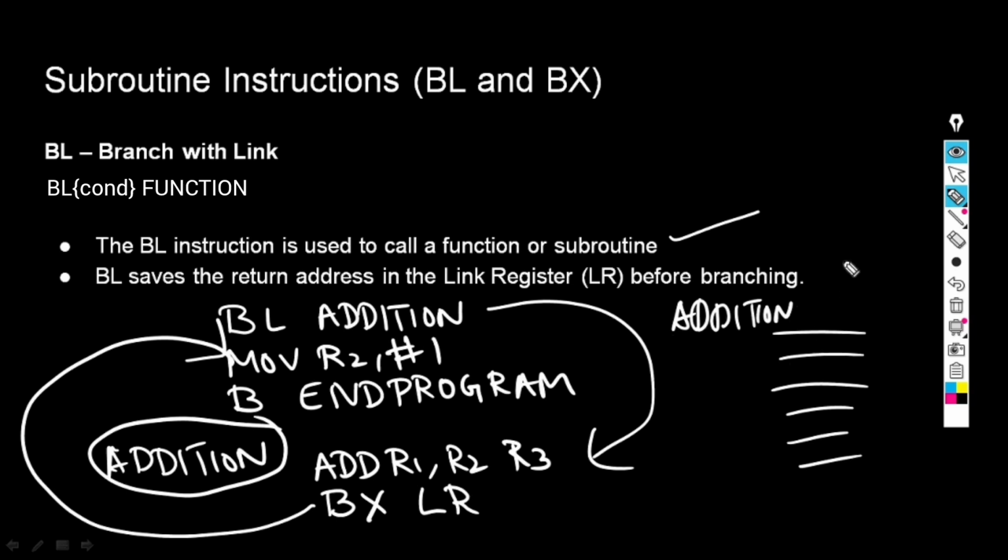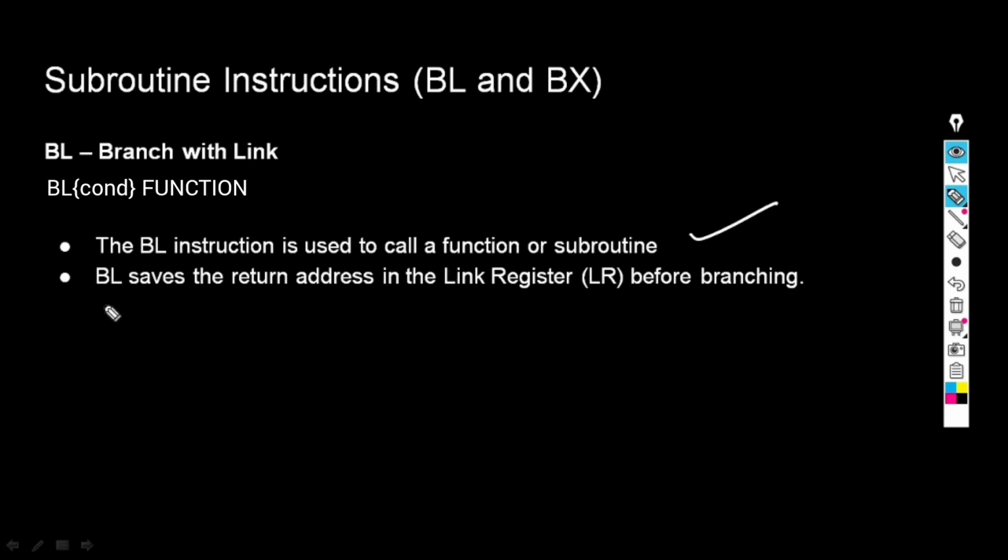So this particular subroutine is nothing but a sequence of instructions designed to be executed when called, and usually returns the control to the calling code after completing its task. Subroutines are always reusable code which can be called from multiple places in the code. BL saves the return address in the link register before branching.